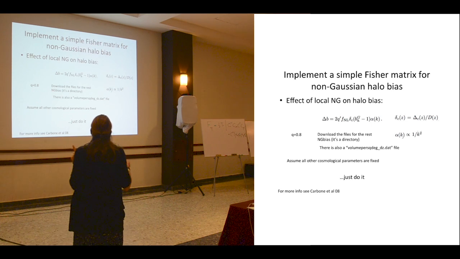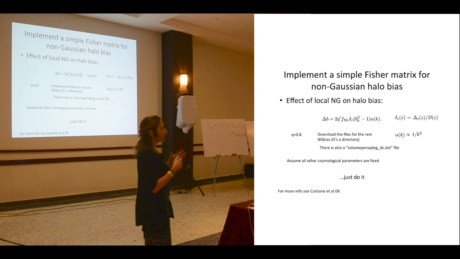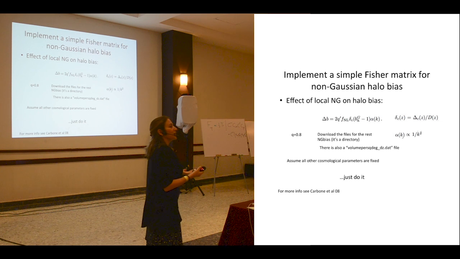Implement a simple Fisher matrix for non-Gaussian halo bias. So it turns out that if there is some non-Gaussianity of a special type, which is called local type, in the initial conditions, you may actually end up seeing this effect by looking at the power spectrum of clusters.